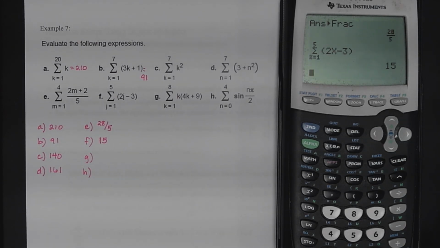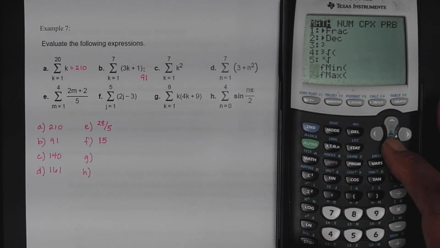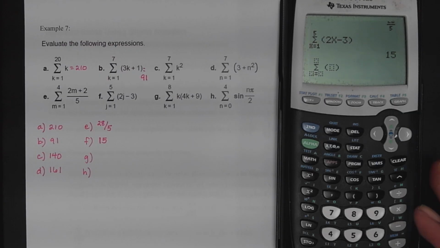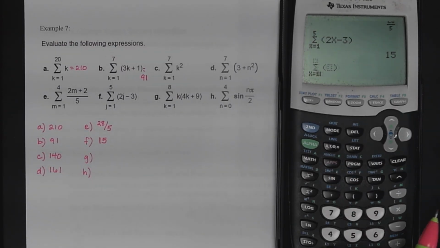And then part G will be the summation for k equals 1 to 8 of k times the quantity k plus 9. So math, go down to summation. I'm going to use x instead of the k that they have here, so it'll be x equals 1 up to 8.